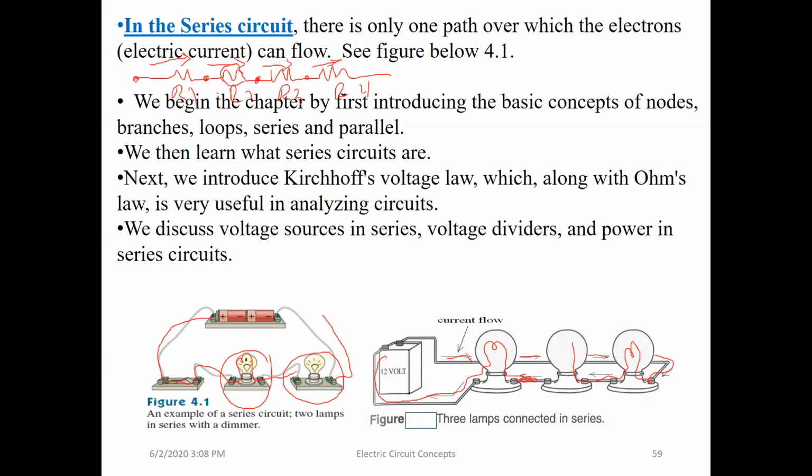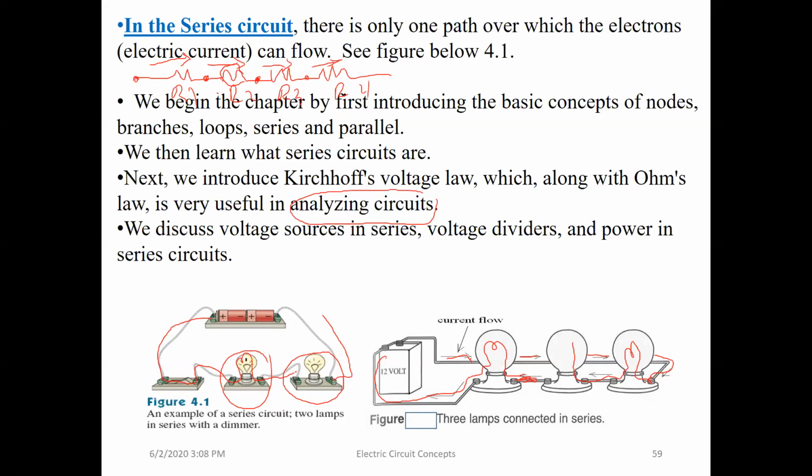We begin the chapter by first introducing the basic concepts of nodes, branches, loops, series, and parallel. We then learn what series circuits are. Next, we introduce Kirchhoff's voltage law, which along with Ohm's law is very useful in analyzing circuits. Again, we come back to the word analyzing circuits.